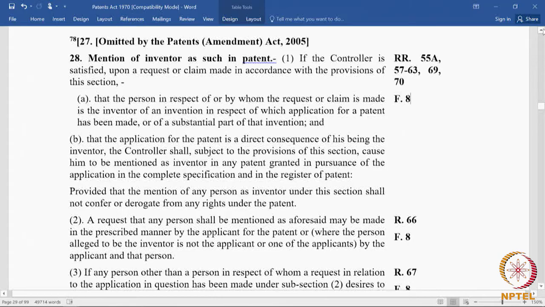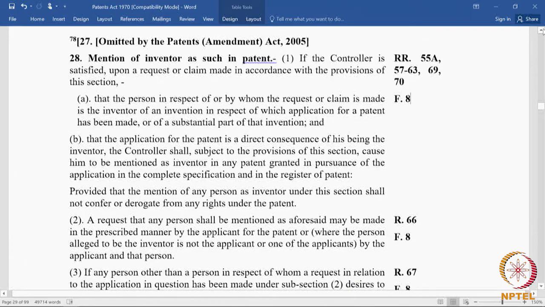That is why you find in 28(1)(a) there is a mention of the person being an inventor of the invention or of a substantial part of that invention, which means the creation of the invention was a group endeavor. There were others too, joint inventors, and together they came up with the invention.